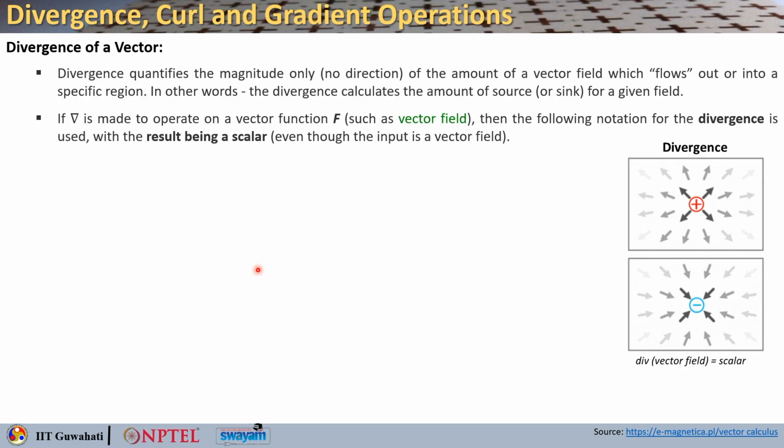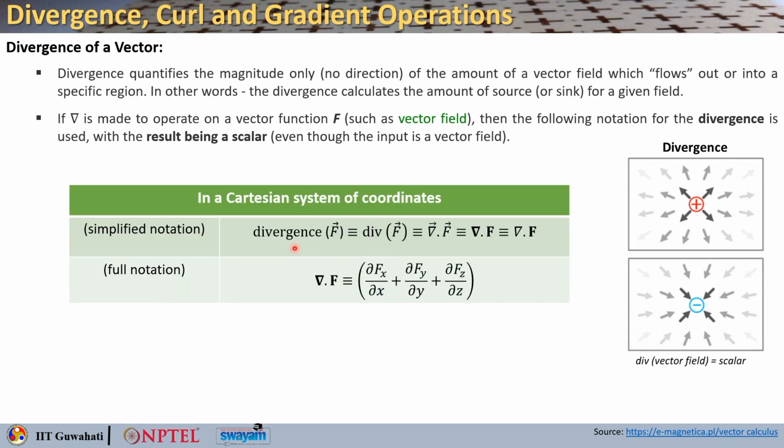So, if del is made to operate on a vector function f, so you take f as any vector field, okay, then the following notation can be used and you can see the divergence turns out to be a scalar quantity. Okay. So, divergence f, or you can simply write div f, or you write del dot f. So, that is also divergence.